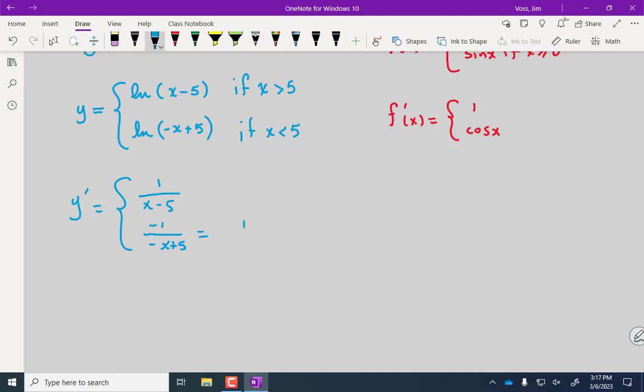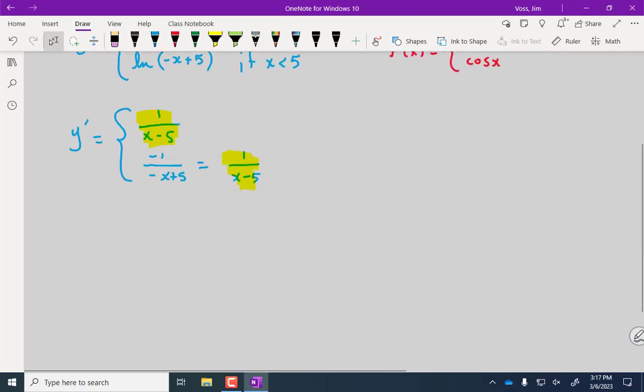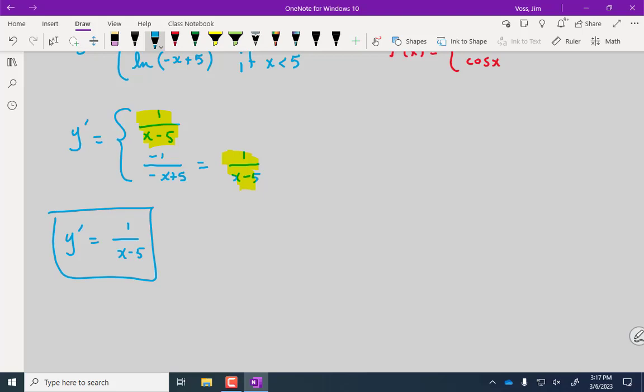But if you push that -1 into the denominator, these are the same. So in this particular instance, the derivative is not a piecewise defined function. It has a unique derivative. So even though the function was piecewise defined, its derivative is not.